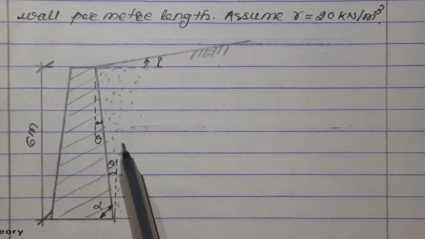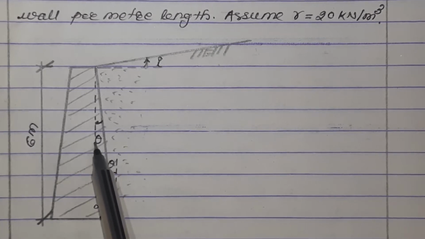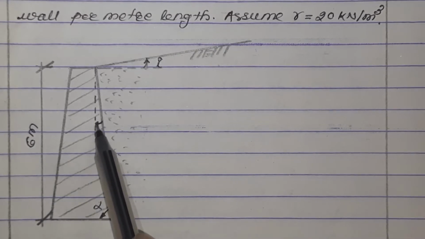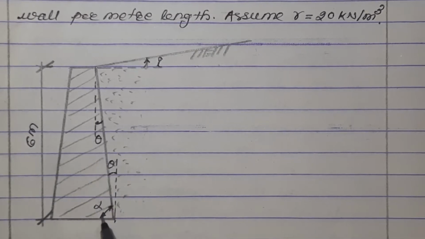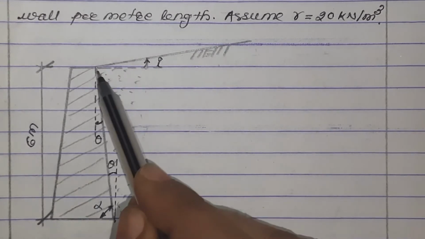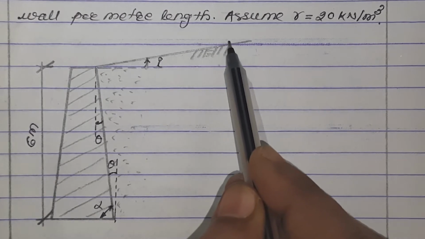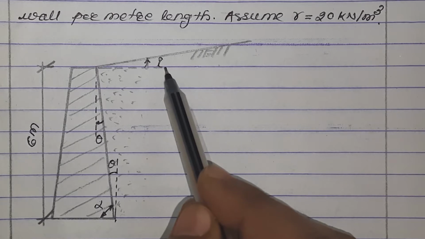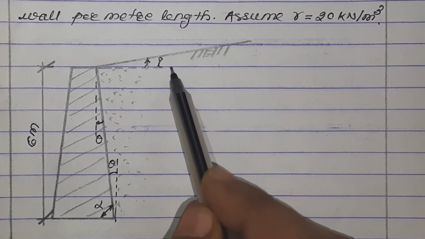If we extend this line further, it will be a right angle triangle. So if this is 15 degrees, this is going to be 90 minus 15, that is 75. So alpha will be 75 degrees. Now this is the inclined ground surface of the backfill, which is inclined at angle I. Its inclination is given as 15 degrees.